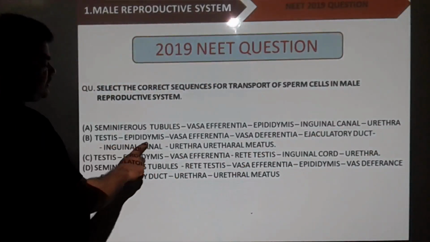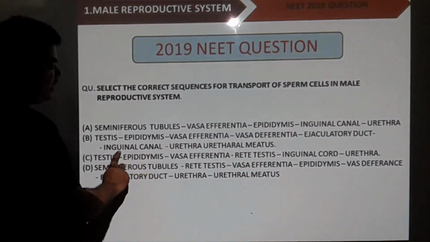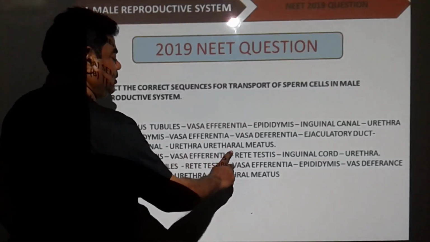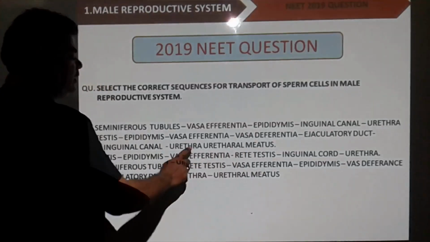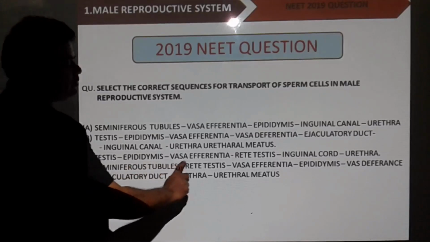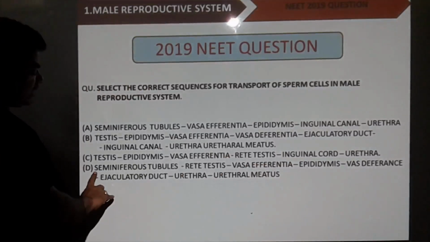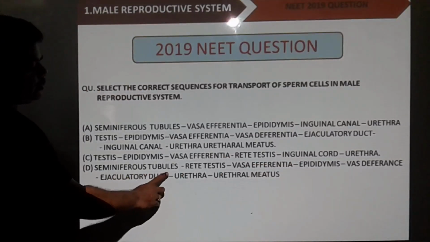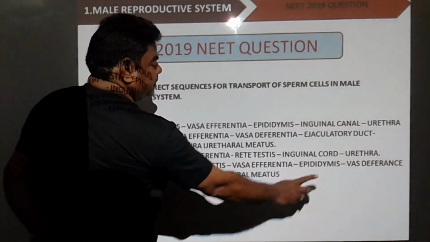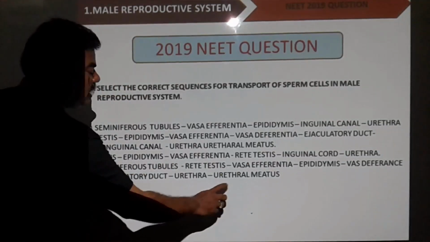Second: testes, epididymis, vasa efferentia, ejaculatory duct, then inguinal canal, then urethra to urethral meatus. Next, C: testes, epididymis, vasa efferentia, rete testis, inguinal cord and urethra. And the last one: seminiferous tubule, rete testis, vasa efferentia, epididymis, vasa deferentia, ejaculatory duct, urethra and urethral meatus.